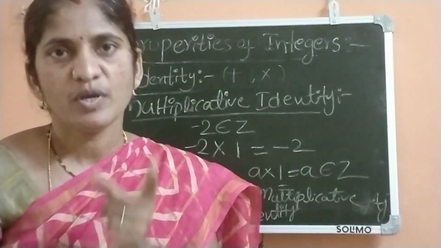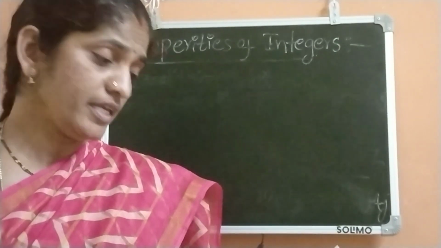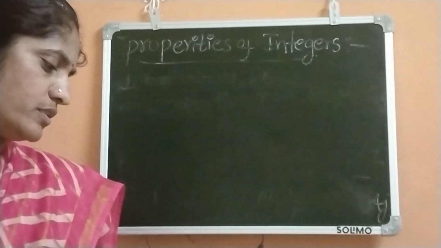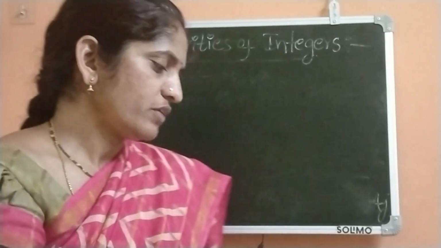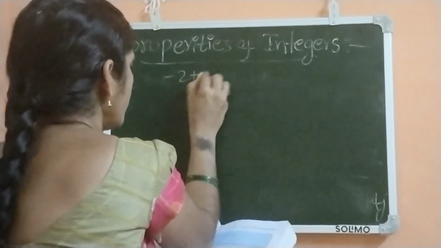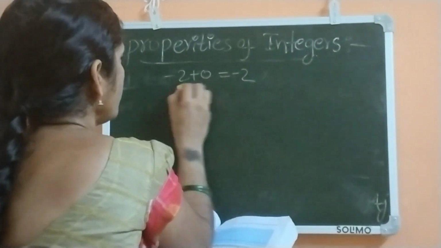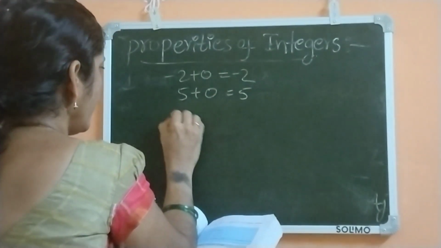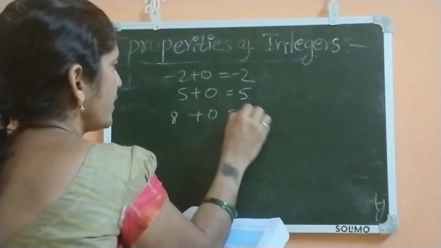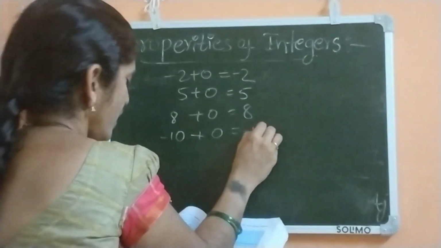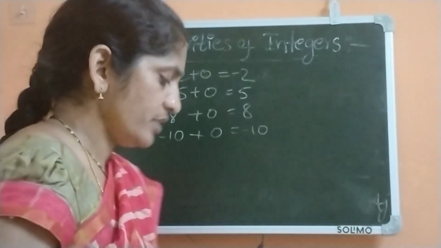In the textbook, page number 30, observe the following. In general 0 is called the additive identity. On page number 30 they have given minus 2 plus 0 equals how much? Minus 2. 5 plus 0 equals 5. 8 plus 0 equals 8. Minus 10 plus 0 equals minus 10.